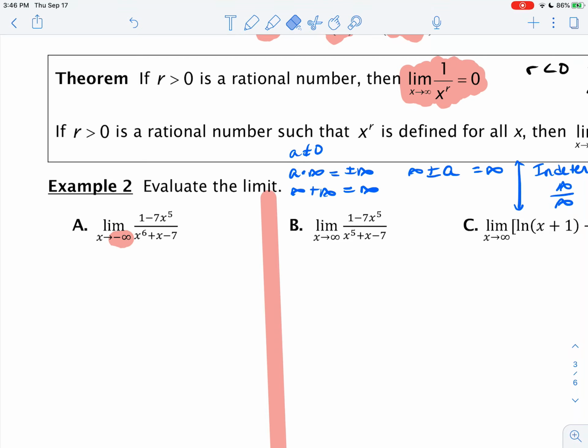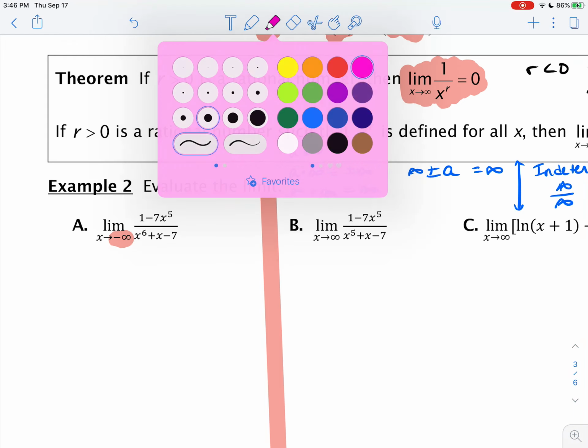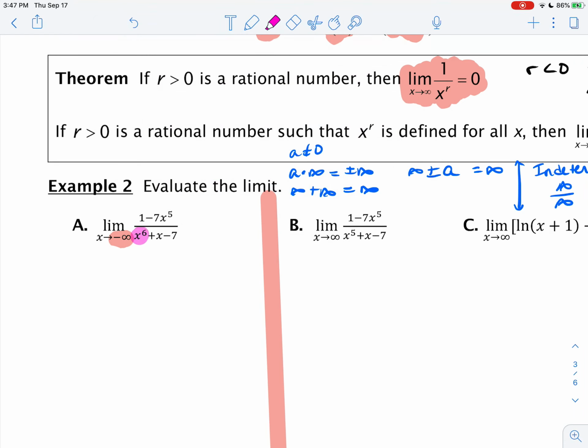I want to factor out equal magnitudes of infinity and then be able to calculate my limit, using those limit laws. So I find that the highest power of x in the entire expression is x to the 6th. So I am going to factor out x to the 6th everywhere in the expression.